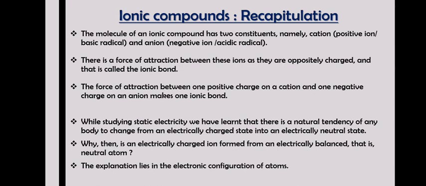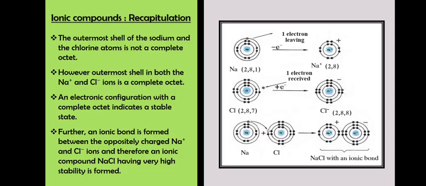The explanation lies in the electronic configuration of atoms, because atoms tend to become stable. We have already seen this in the measurement of matter, right? So atoms tend to become stable by either donating electrons or gaining electrons. That is what leads to the formation of ions. Followed?